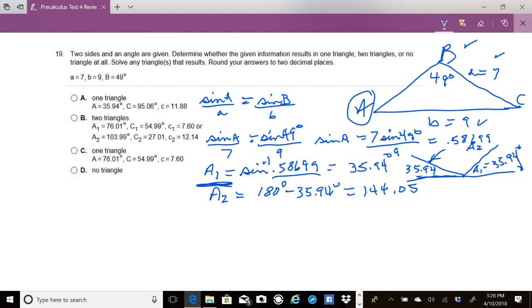Now, notice that 144.05 plus 49 degrees, if we add these up, is 193.05 degrees, more than 180 degrees. And we still don't have enough room to have angle C. So it's only going to be one triangle.